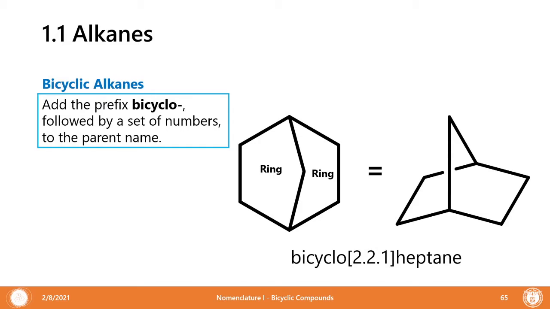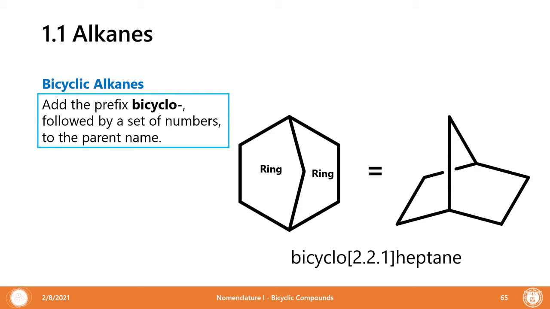Now we go on to bicyclic alkanes. Slightly more complex, but it should be quite simple. Bicyclic alkanes are 2 rings that are separated by a common carbon or a bond.